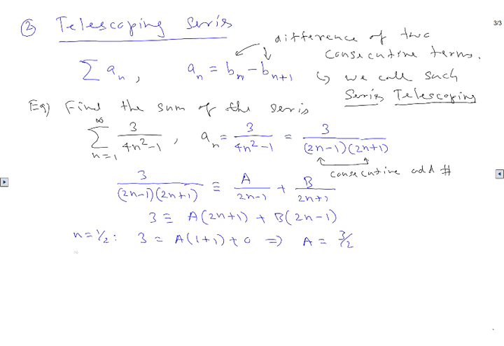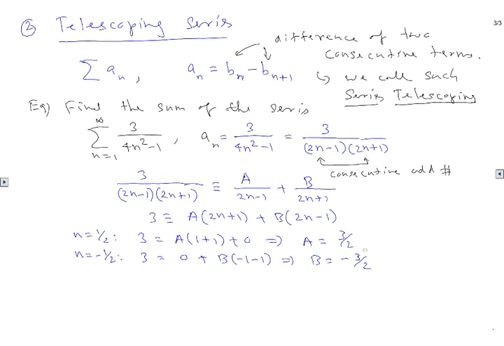And then similarly, when you plug in n equals negative 1/2, you get 3 equals, because then the first term gets 0, so 0 plus B times negative 1. So this is going to give you B equals negative 3/2. Okay, so we get exactly what we want, because it has to be the same number with opposite sign.